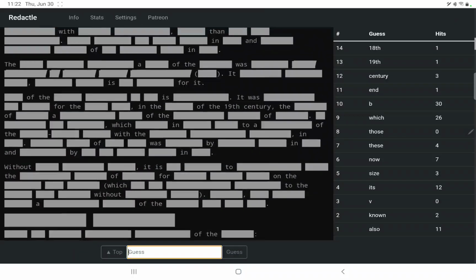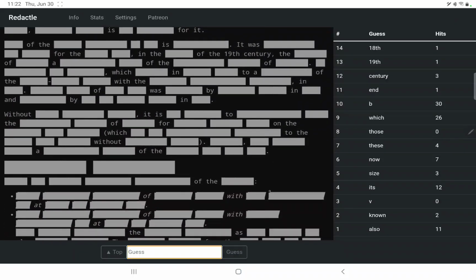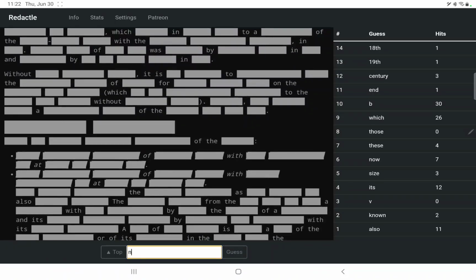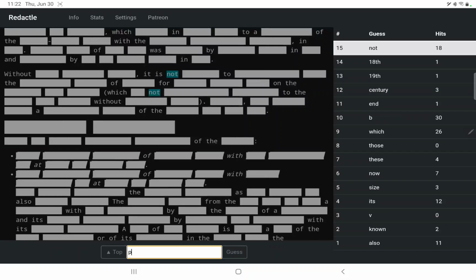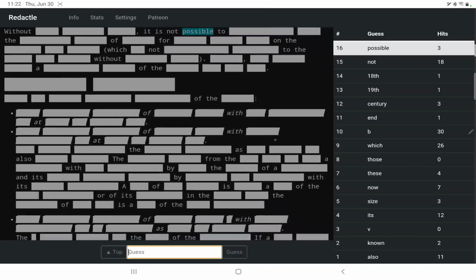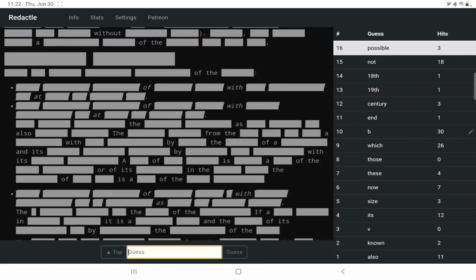So let's just keep scrolling here without something something. It is not possible, maybe, to something something the whatever. And then we have some bullet point items with a lot of italics.